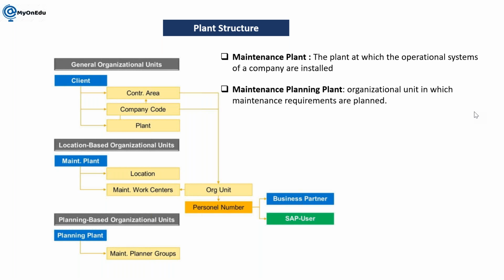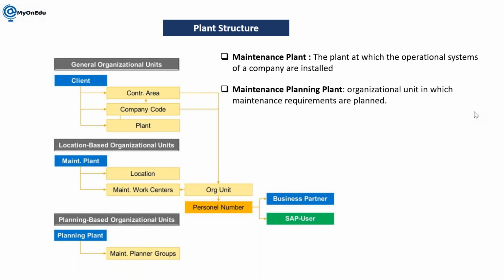The same can be considered as a maintenance planning plant, or I can have another plant, let's say 1300, which I keep as a maintenance planning plant used to plan the maintenance for 1100 and 1300 both. This we call a maintenance planning plant, the organization unit in which maintenance requirements are planned, where the maintenance strategy and maintenance planning need to be done.